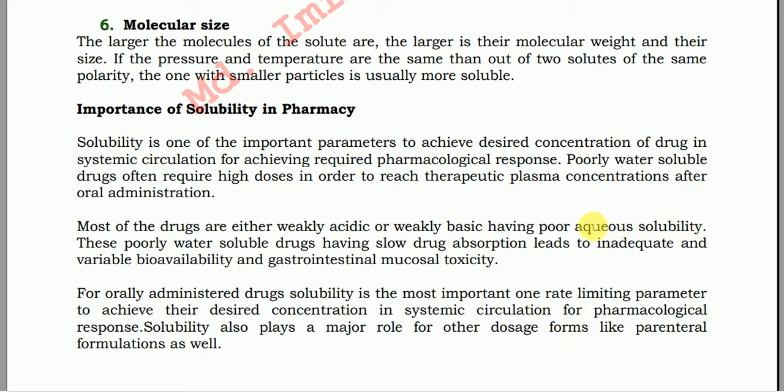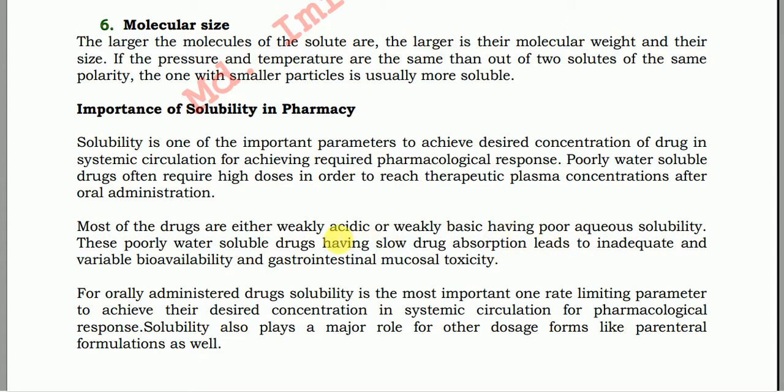It has low or poor water solubility, but it must be soluble in the stomach, and the stomach contains water, so it will be soluble in the water. These poorly water soluble drugs having low drug absorption lead to inadequate and variable bioavailability and gastrointestinal mucosal toxicity.